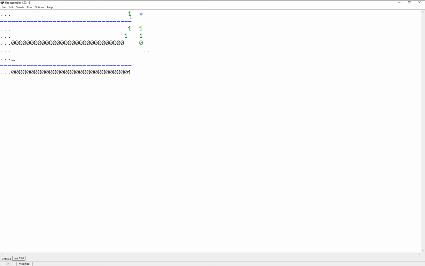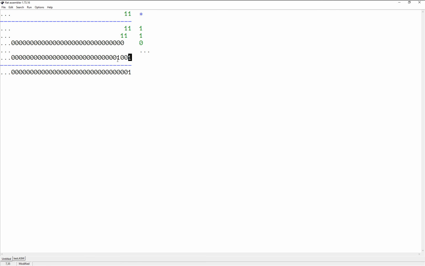So if we multiplied just this number by this one, the result would be like this, and it differs from the result that we want to get on this position. So this is the position where we need to flip the bit. And now what we get here is this number.